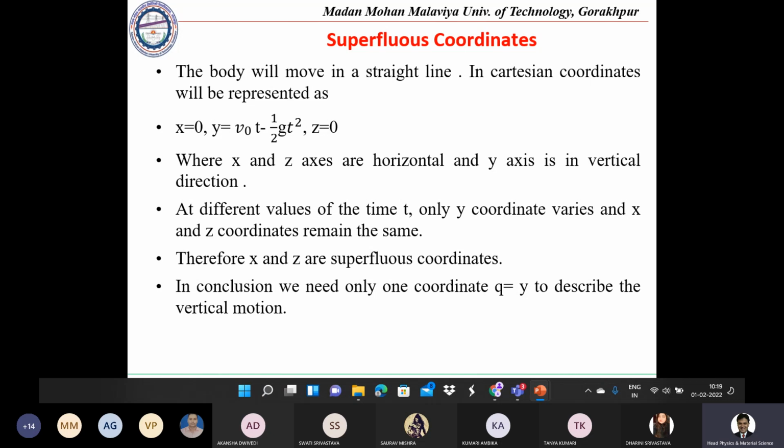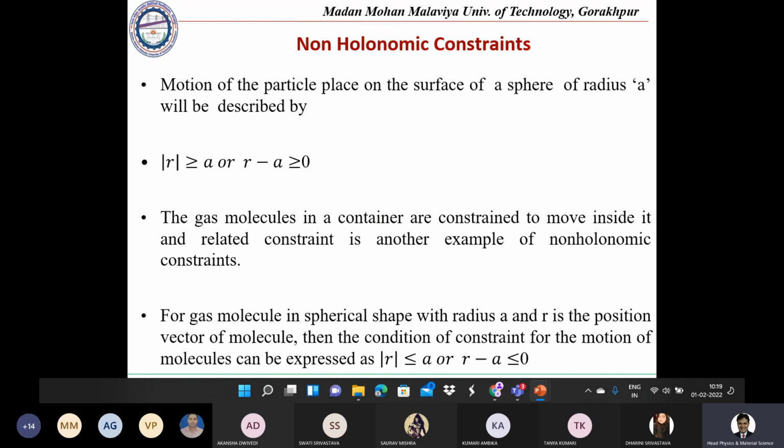Sometimes we need to realize what situation is prevailing for that particular particle which is under motion. Let us have the non-holonomic constraint. What is the non-holonomic constraint?